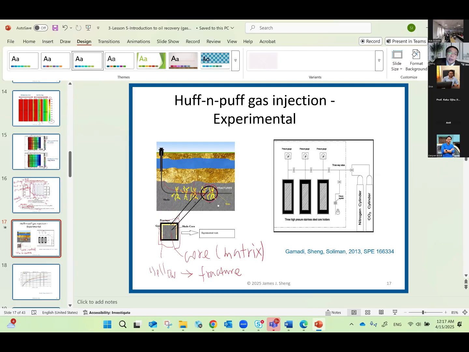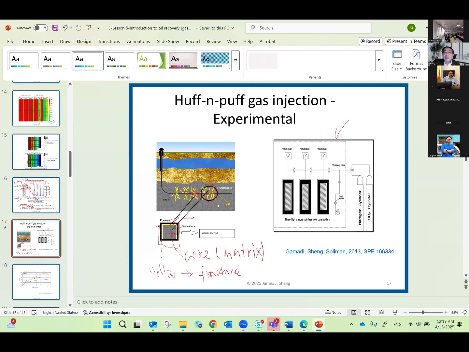Then we stop injection, let the gas penetrate into matrix, and then we open this, we produce this gas, which represents the puff. Then we can bring some oil out. So this is the schematic of the experiment.